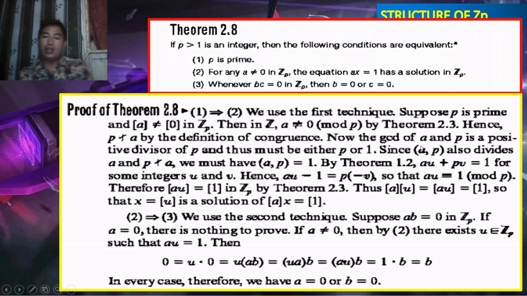Okay, now, the GCD of A and P is a positive divisor of P and thus must be either P or 1.